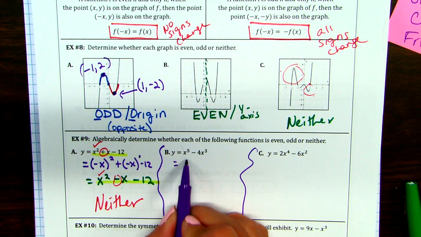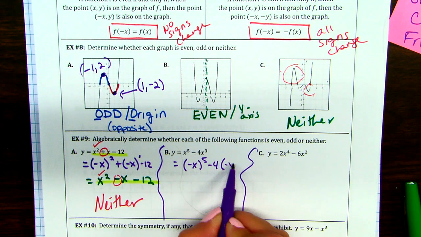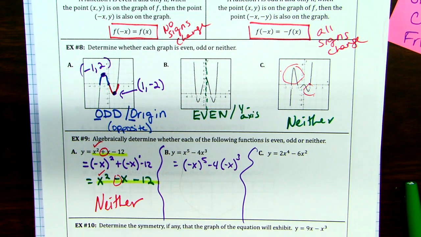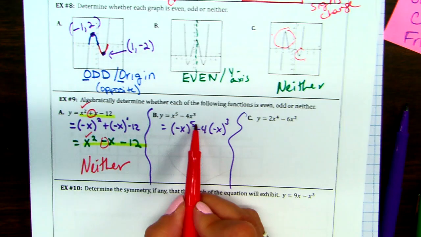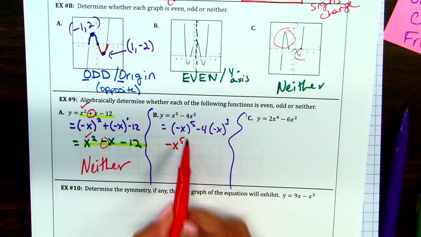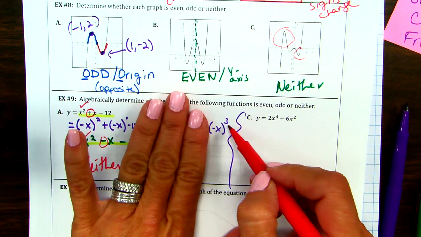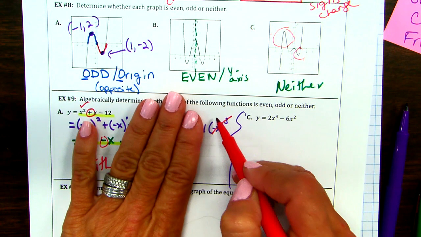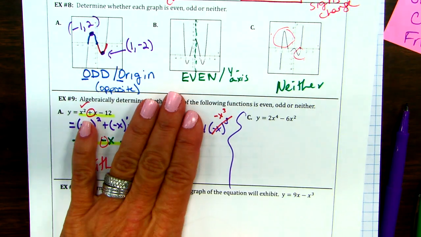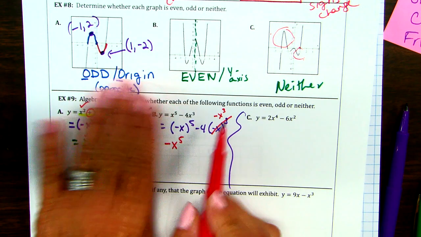So negative x to the 5th minus 4 times negative x to the 3rd. Okay, odd, negative. Careful here. Order of operations, we do our exponents first. Odd is negative, right? But then when you multiply a negative times a negative, you get positive.